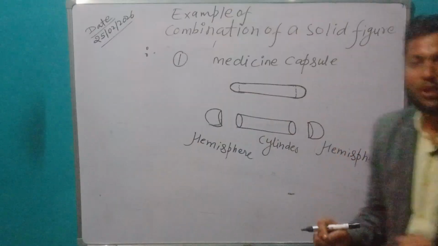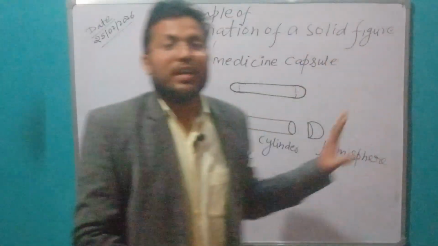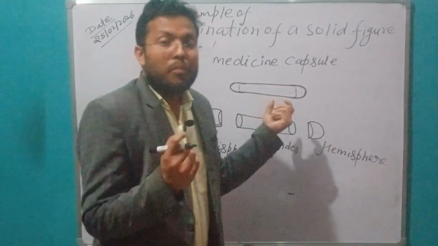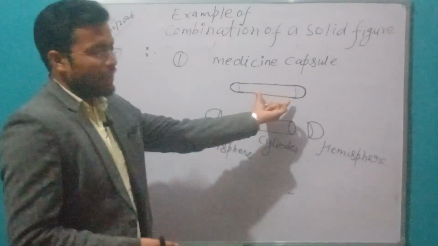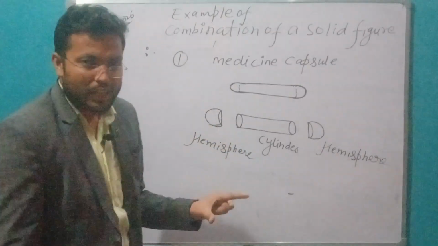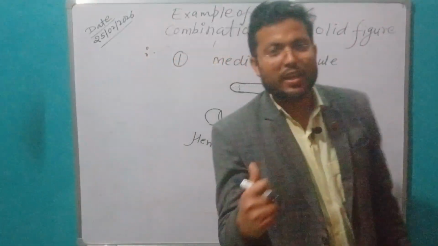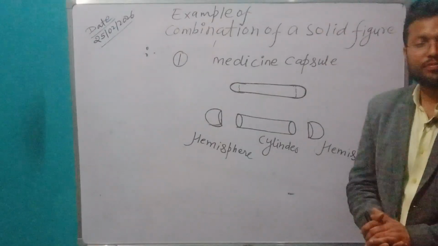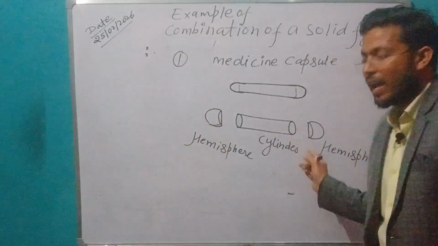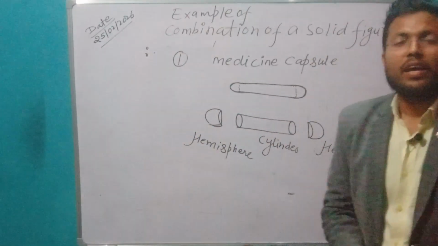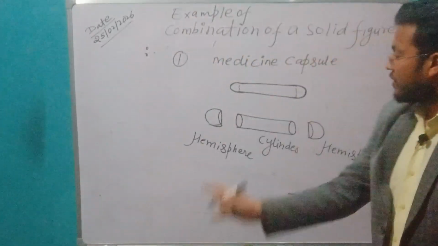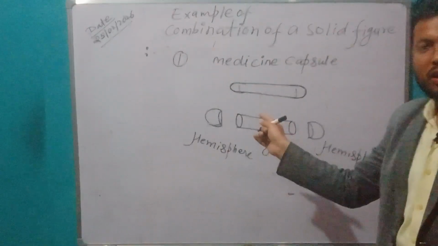First of all, you know that this figure is made up of two basic solid figures. The first is the hemisphere and the second is the cylinder. So you find the volume of the two hemispheres and the one cylinder, then you add, and you get the volume of this capsule.